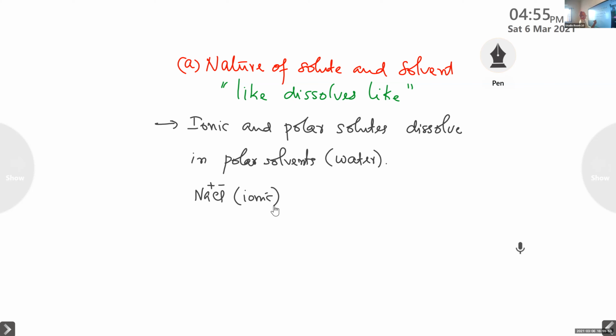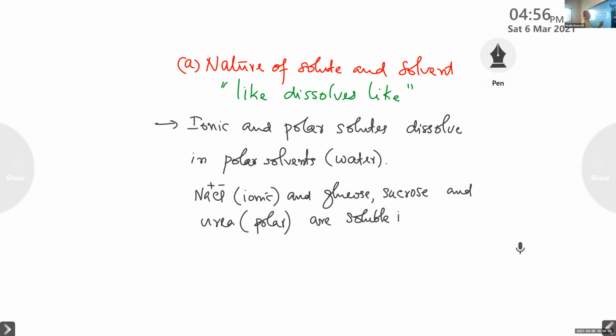Sodium chloride, glucose, cane sugar, that is sucrose, and urea are all polar, and they are soluble in water, which is polar.